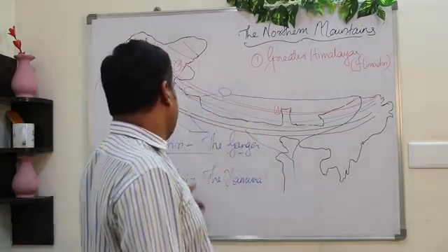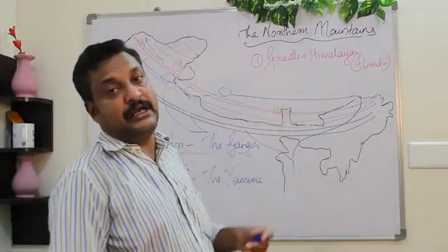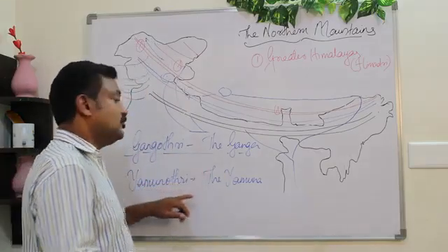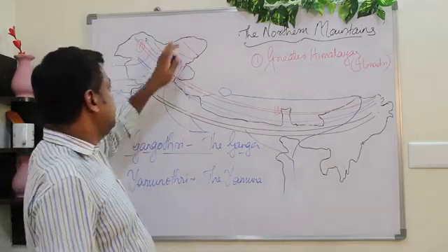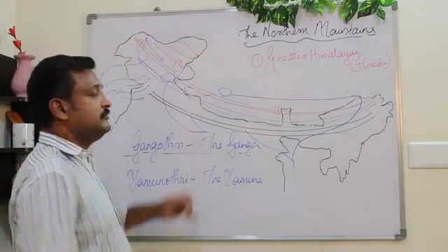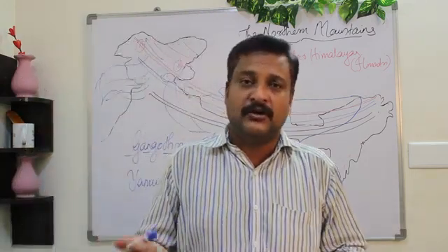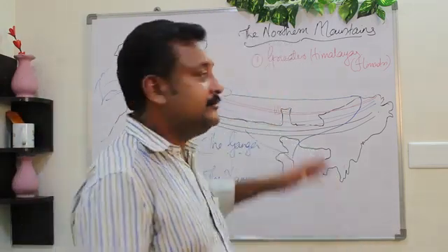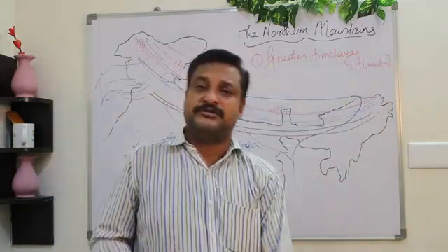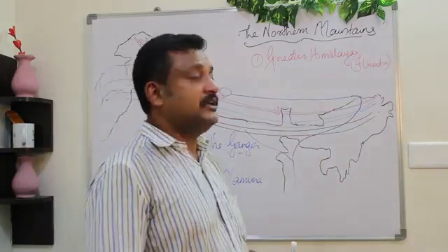So Ganga and Yamuna are the two major rivers that originate in India itself, from the Gangotri glacier and Yamunotri glacier. There are some other glaciers also present in this region, from where the west flowing rivers called Indus, Ravi, Jhelum, Chenab and Satluj originate, and there are glaciers over here from where river Brahmaputra also originates. Okay, so this is about the Greater Himalayas.